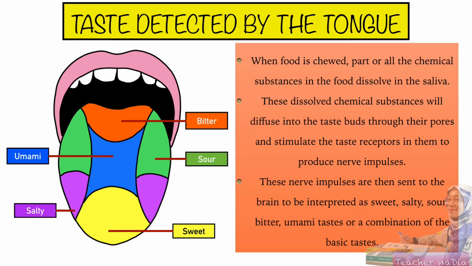These dissolved chemical substances will diffuse into the taste buds through their pores and stimulate the taste receptors in them to produce nerve impulses. These nerve impulses are then sent to the brain to be interpreted as sweet, salty, sour, bitter, umami taste, or a combination of the basic tastes. So you can see that the nerve impulses can be interpreted as a single taste or even a combination of the basic tastes.